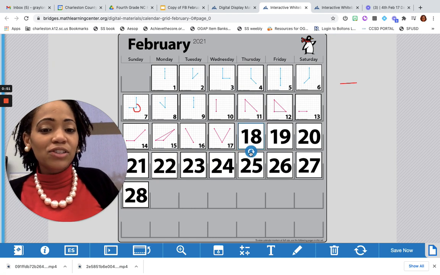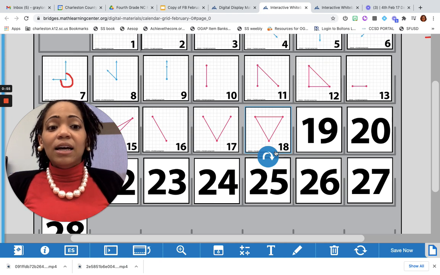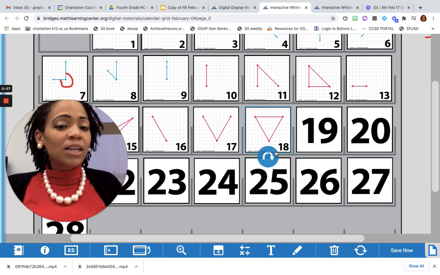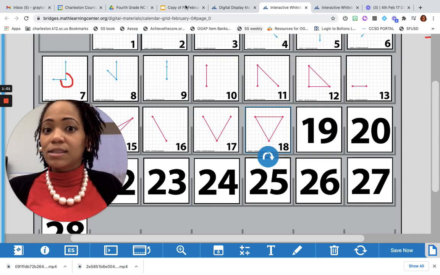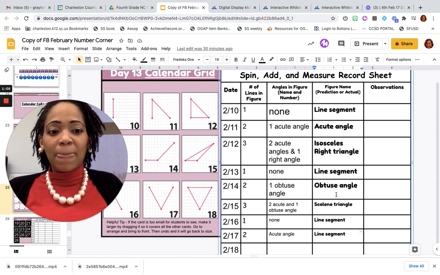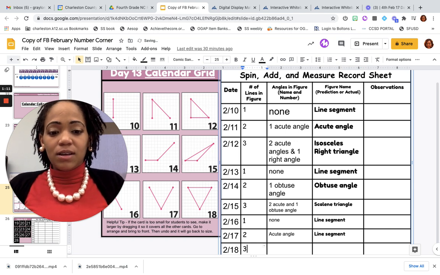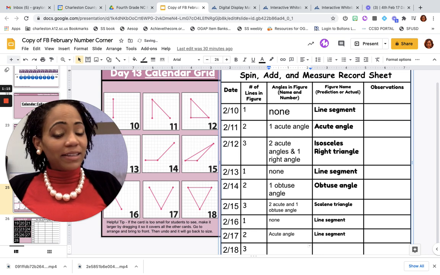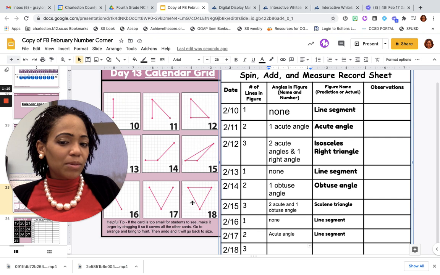It is Thursday, and we have what looks like a triangle. Does anybody know what kind of triangle this is? What kind of triangle is this? All right, I guess we'll have to see. It almost looks like an equilateral triangle, but maybe not.